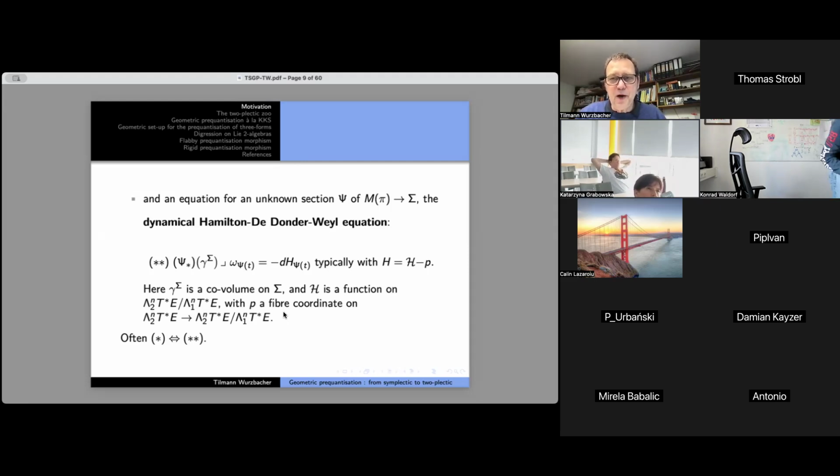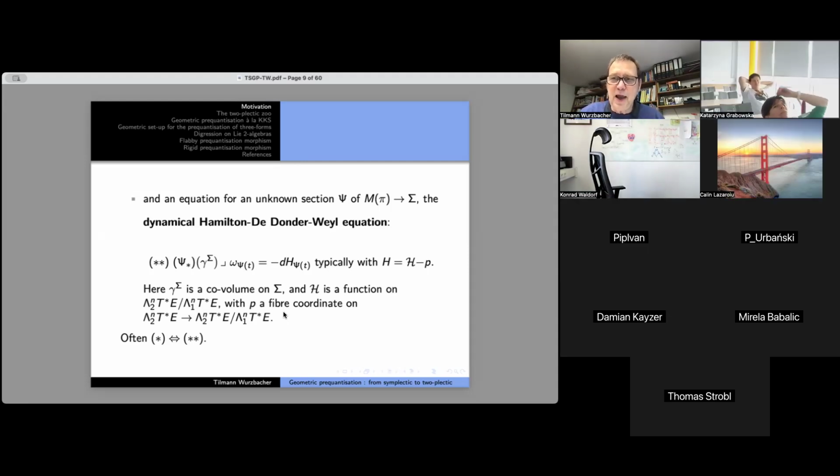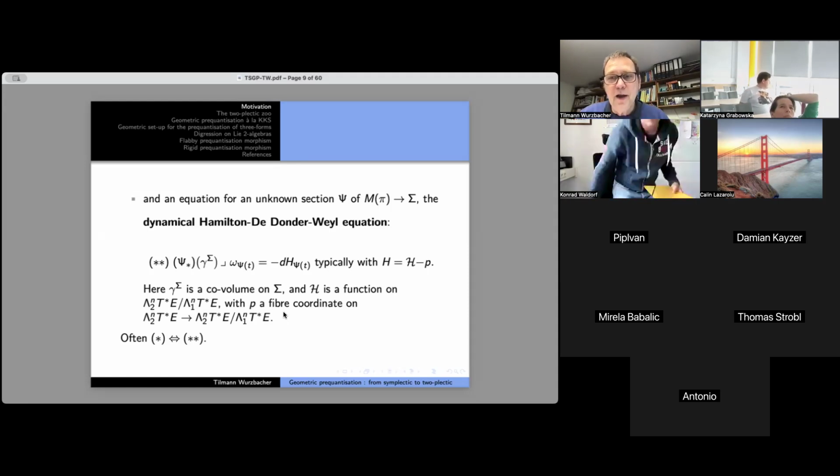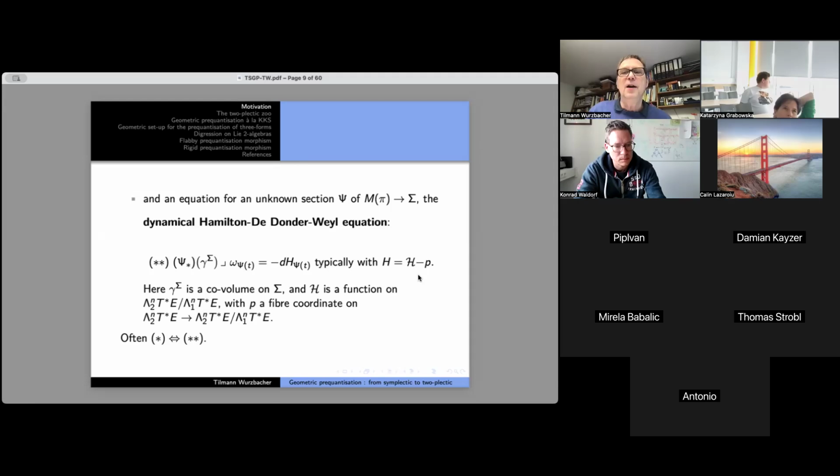And if you have your Hamiltonian function, a time-dependent Hamiltonian function, which is defined on interval times T star Q, then you can go formally up to T star of the interval times T star Q. You add a variable, which is often called E, but here the letter E is taken. This is the energy which you add. And if you write down the Hamiltonian equations on this bigger space, you get one redundant equation. The right way to write the Hamiltonian upstairs is to write it as the Hamiltonian which depends on time, calligraphic H, minus the energy, or plus. This depends on sign rules.